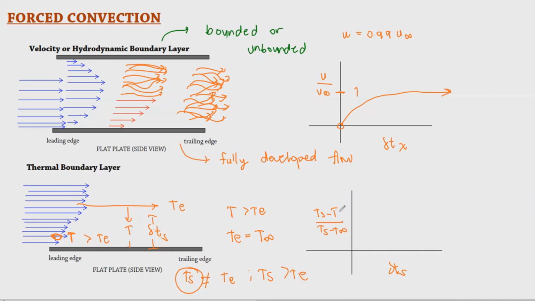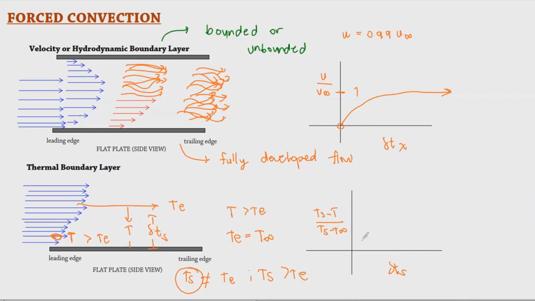So as we move towards the edge of this flat plate, we could see that we come closer to the value of T. And if T becomes very close to the value of Ts, that happens when the delta Ts is almost 0.